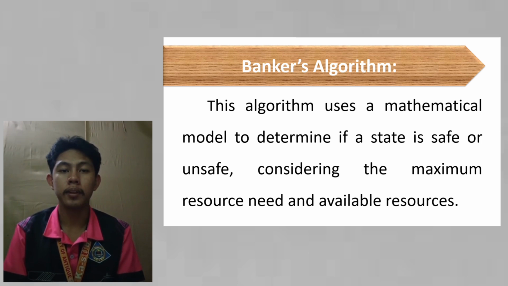Banker's algorithm. This algorithm uses a mathematical model to determine if a state is safe or unsafe, considering the maximum resource need and available resources. For example, it simulates the allocation of resources to processes to ensure that the system remains in a safe state.